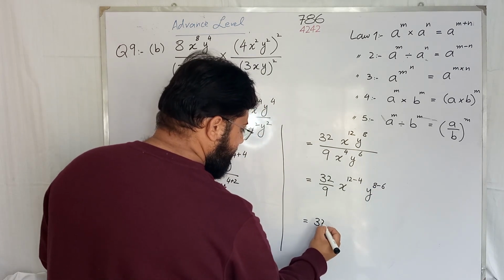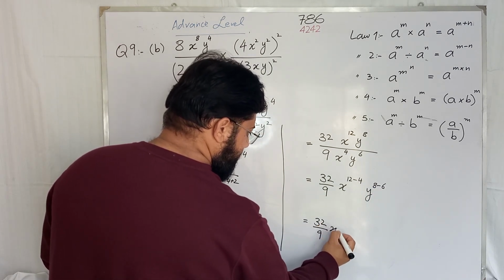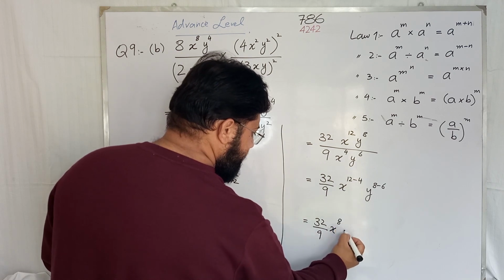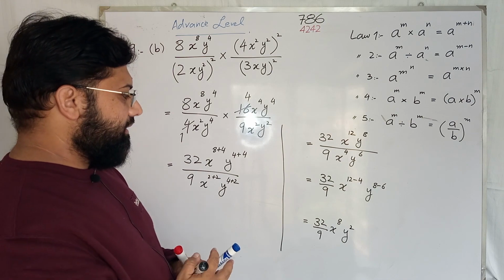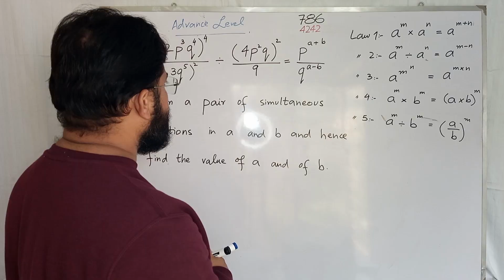So my answer would be 12 minus 4, 8, y 8 minus 6, 2. 32 by 9, x⁸, y².